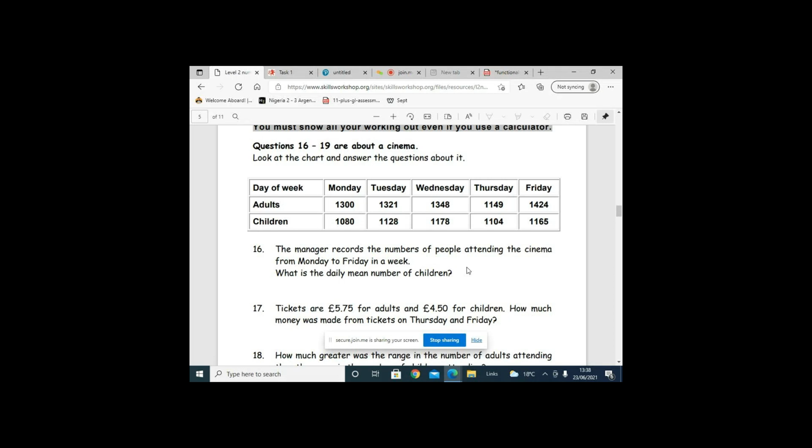You just need to multiply £5.75 by Thursday's adults. Thursday is 1,149, so you multiply 1,149 times £5.75. Then for children too, you do 1,104 times £4.50. Then for Friday, do the same thing for Friday too.